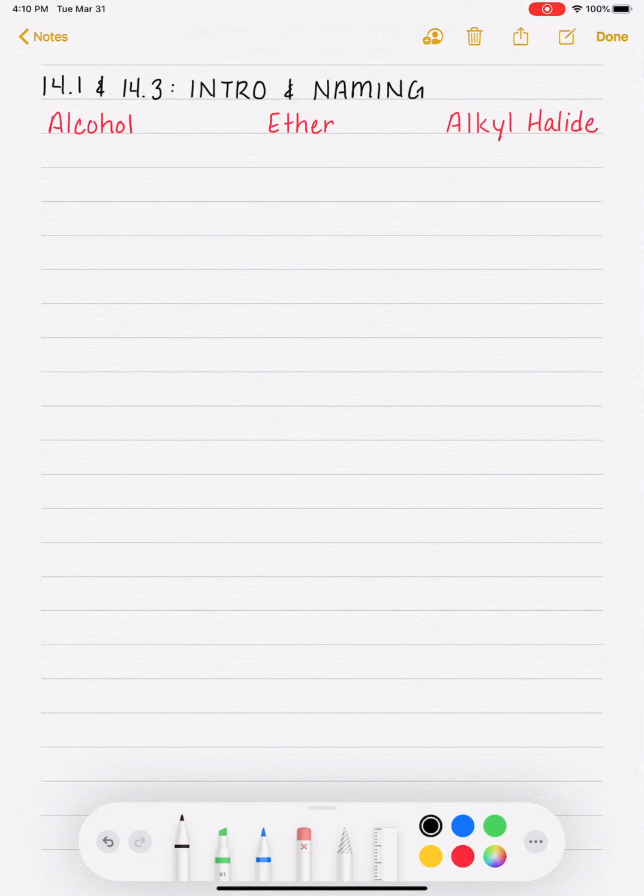First of all, I want to say that the alcohol is a molecule that contains an oxygen-hydrogen group. An ether is a molecule that contains a really unique bonding situation, a carbon single bonded to an oxygen that's single bonded to another carbon.